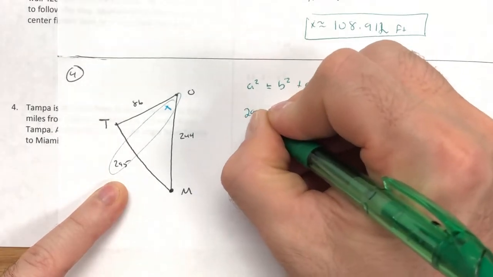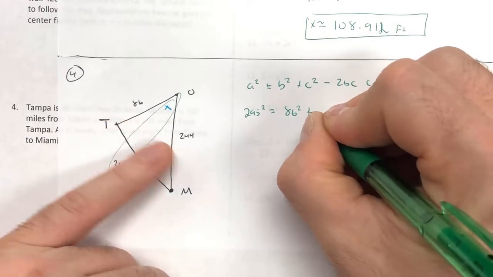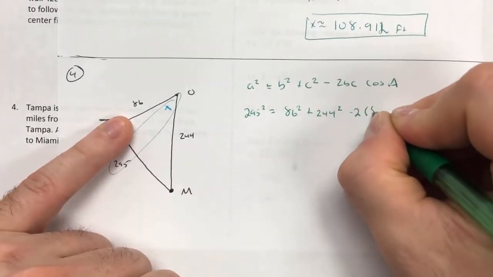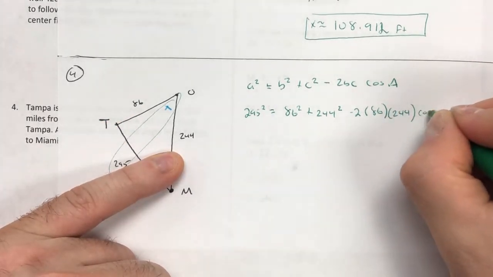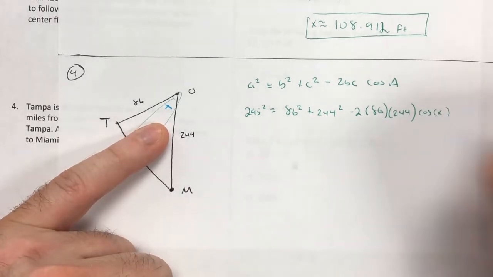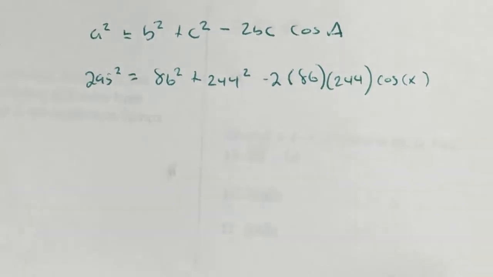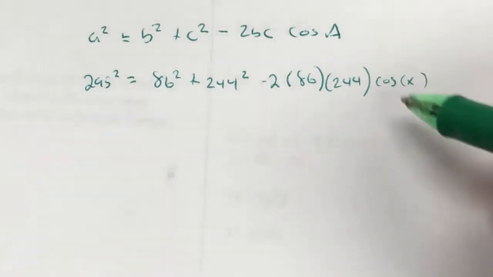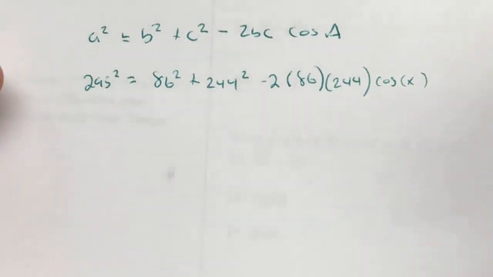So a squared is 295 squared is 86 squared plus 244 squared minus 2 times 86 times 244 times the cosine of x. Awesome. So we just have to solve this right here, and we're solving for the cosine of x. And because I have all these constants over here, to isolate the x, I know that we're going to have to use the inverse trig function. Well, let's go ahead and simplify as much as we can to start.